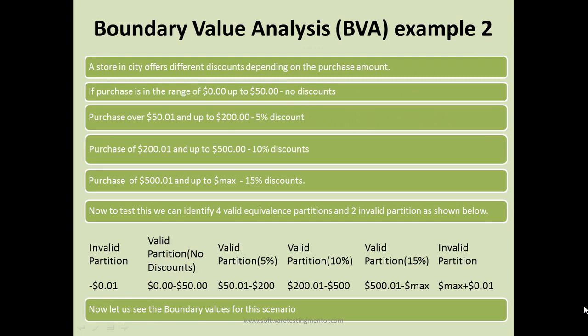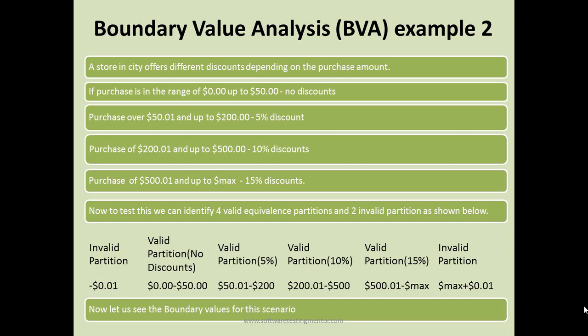Let's take another example to understand boundary value analysis. We have taken the same example as we discussed previously for equivalence partitioning. iStore City offers different discounts depending on the purchase amount. If the purchase is in the range of $0 to $50, there is no discount.